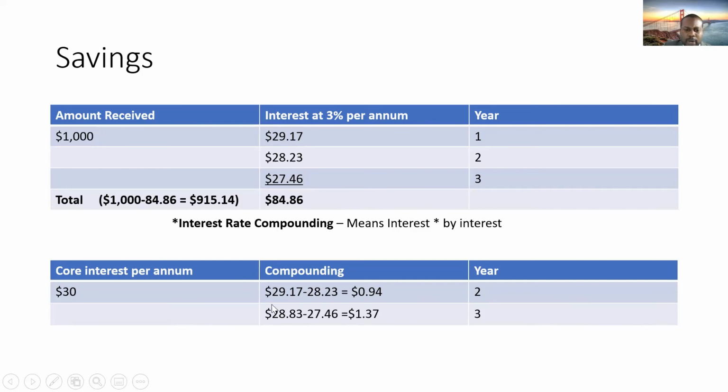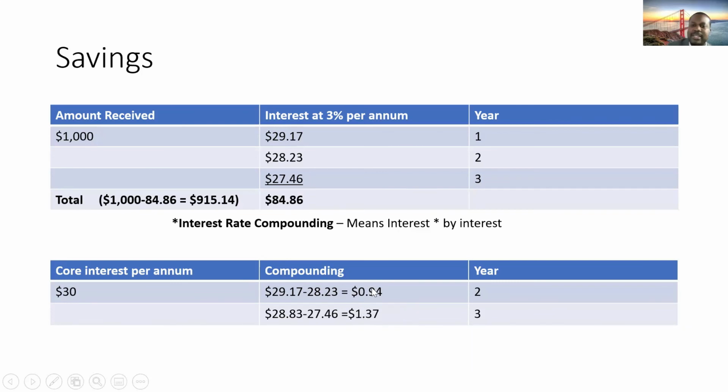Now, if we were to look at the difference, it's 29.17 minus 28.23. The difference here is 0.94. And then we have 28.23 minus 27.46, and that gives us 0.77.